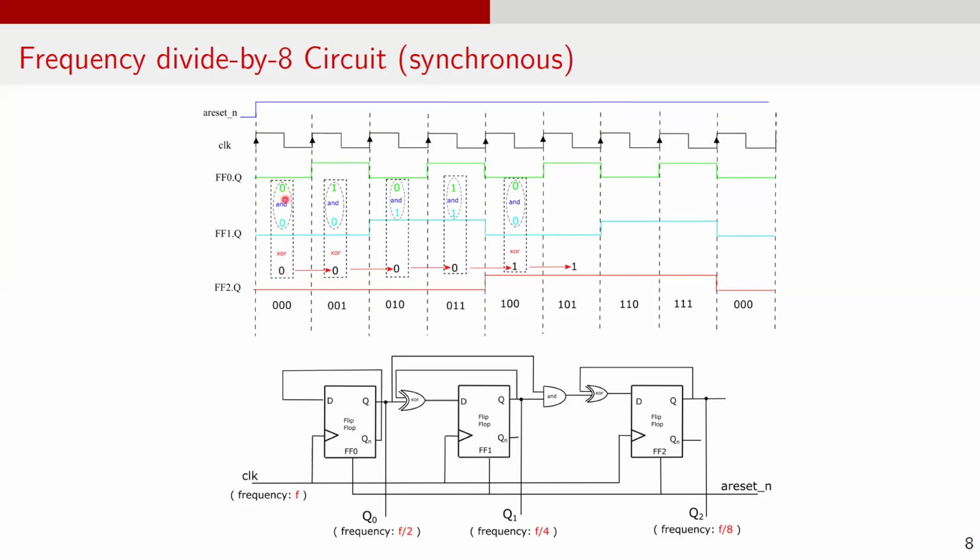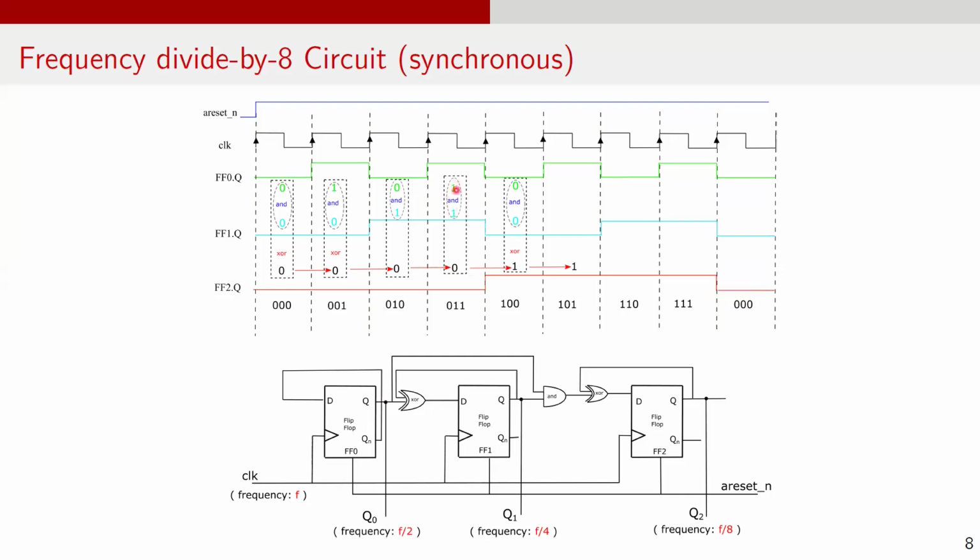For example, in this clock cycle, ff0q is 0 and ff1q is 0. The AND of these two is 0, XORed with ff2q gives a 0, so ff2q stays at 0. In the second clock cycle, the AND of these two signals is 0. A 0 XORed with 0 gives a 0, so the value of ff2q stays at 0. Over here, in this particular clock cycle, ff0q is 1 and ff1q is also 1.